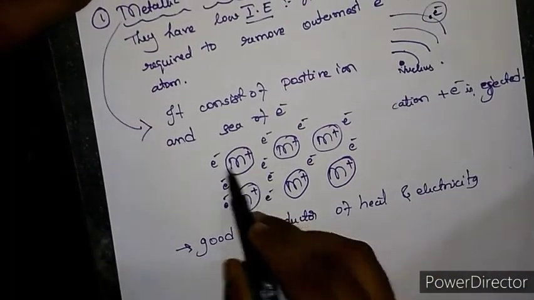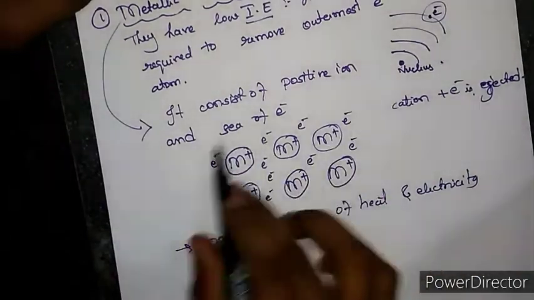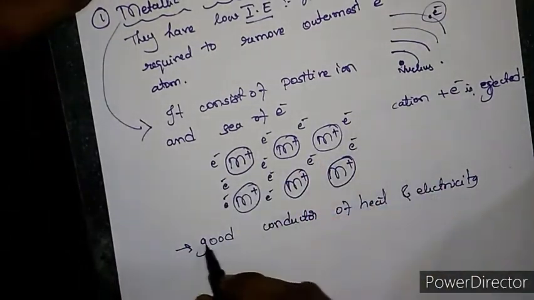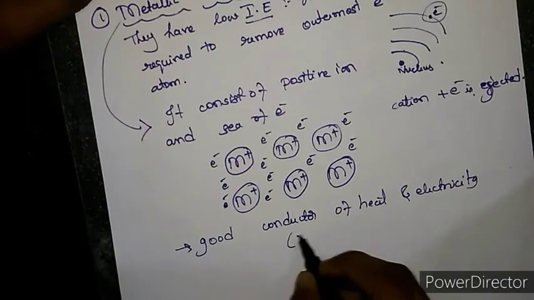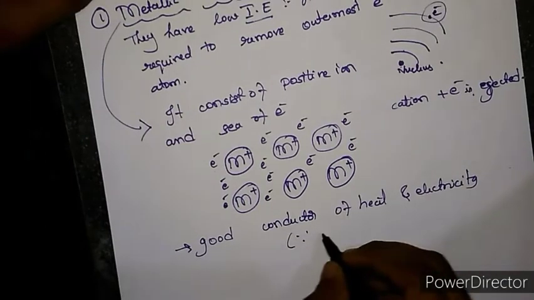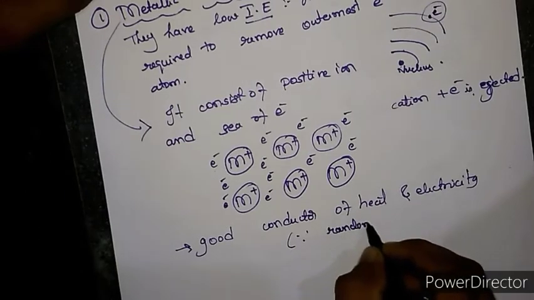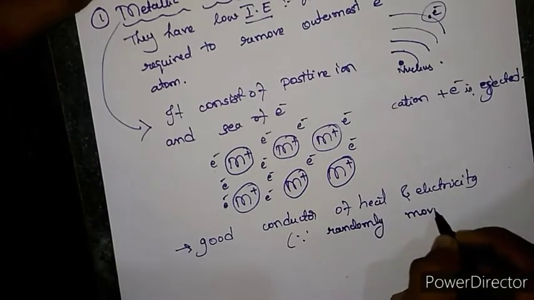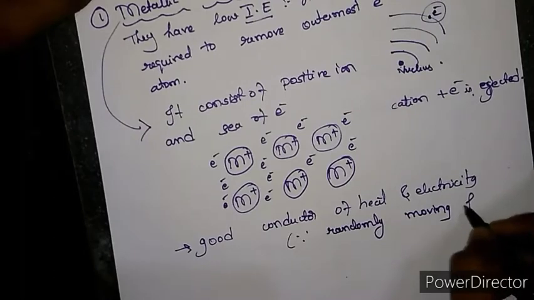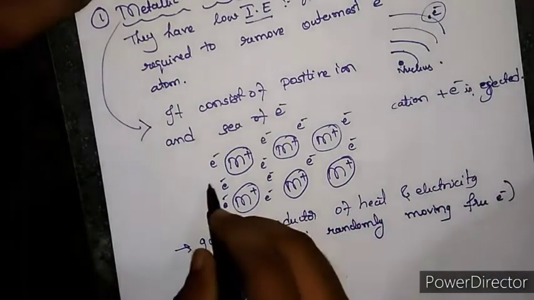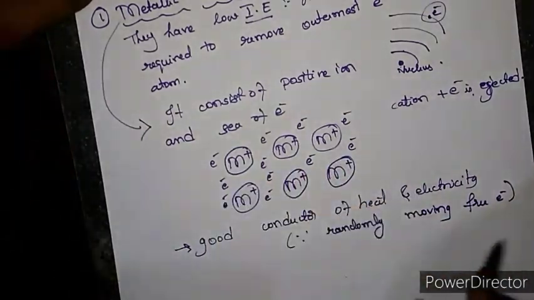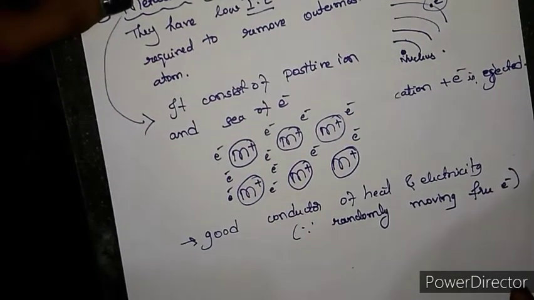Because these electrons are randomly moving all over the solid. The reason is the randomly moving free electrons. They are free because they are not fixed to any certain place; they are freely moving all over the solid.